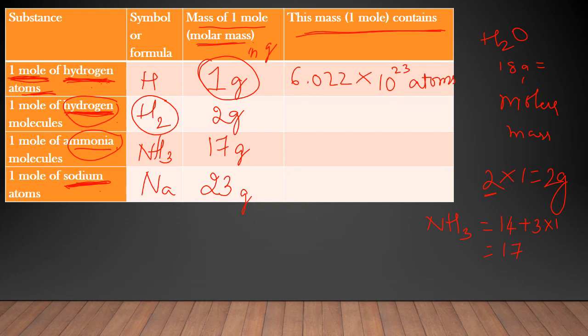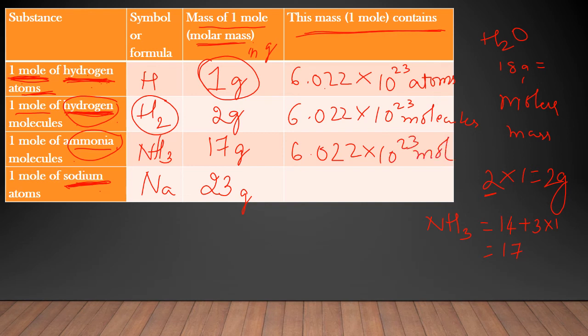It is 1 mole of hydrogen, so it will contain Avogadro number of atoms. 1 mole of hydrogen molecules, so it will have 6.022 into 10 raised to 23 molecules. I have 1 mole of ammonia molecules. That means I have Avogadro number of molecules. And in the last case, I have 1 mole of sodium atoms. So I will have Avogadro number of atoms.